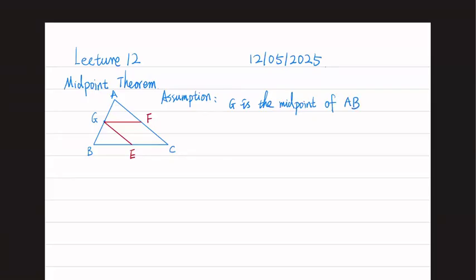And the two lines, GE and GF, they're parallel lines. The conclusion is E and F, they are both midpoints.